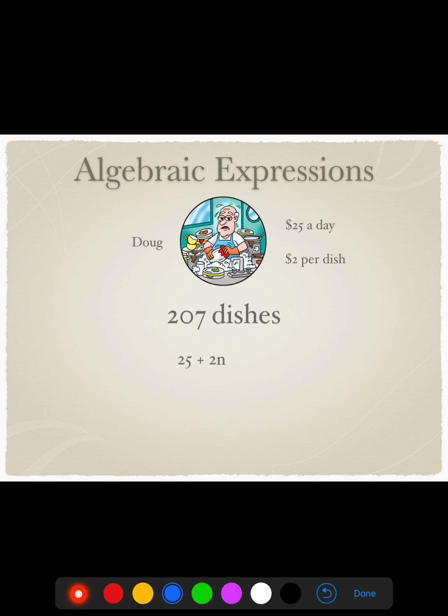Remember we're going to use the same expression 25 plus 2n that we came up with on the first slide. Just as a reminder, the 25 represents the $25 per day that he's earned. The 2 represents the $2 per dish. Now in this case, n is actually equal to 207 dishes.